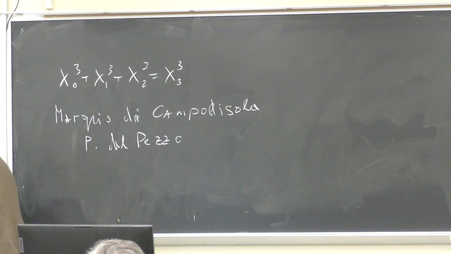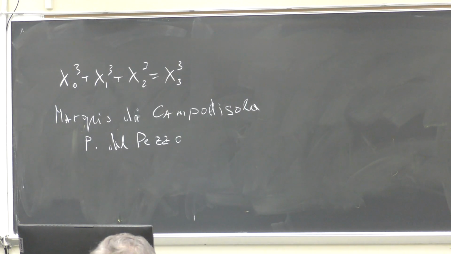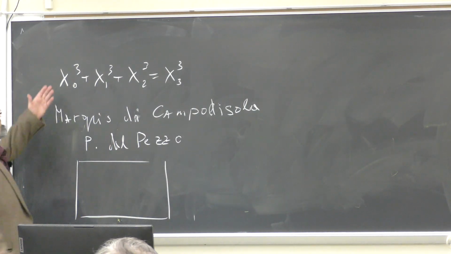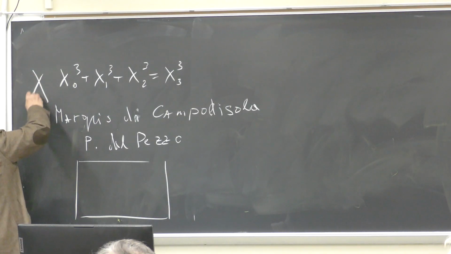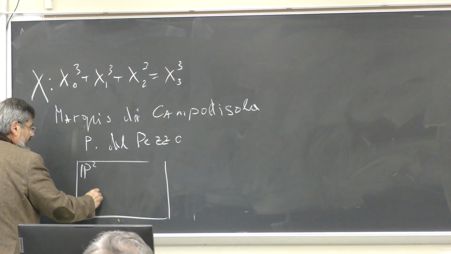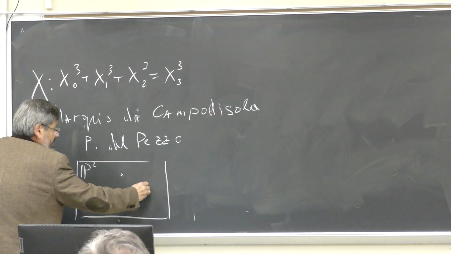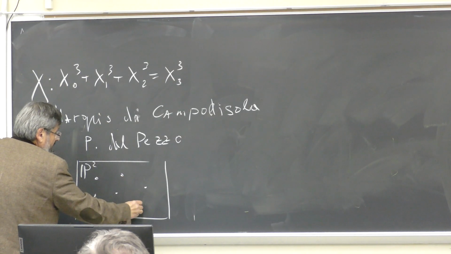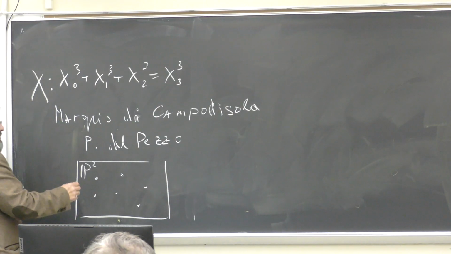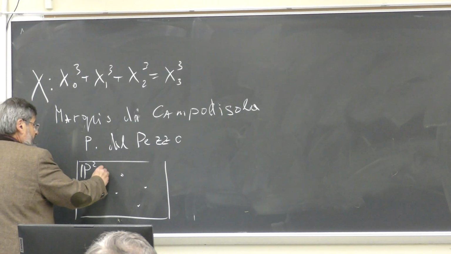So, he actually has shown that this surface here can be obtained from P2 by the following procedure. You take 6 points in general position, and instead of these points, you put a line there.